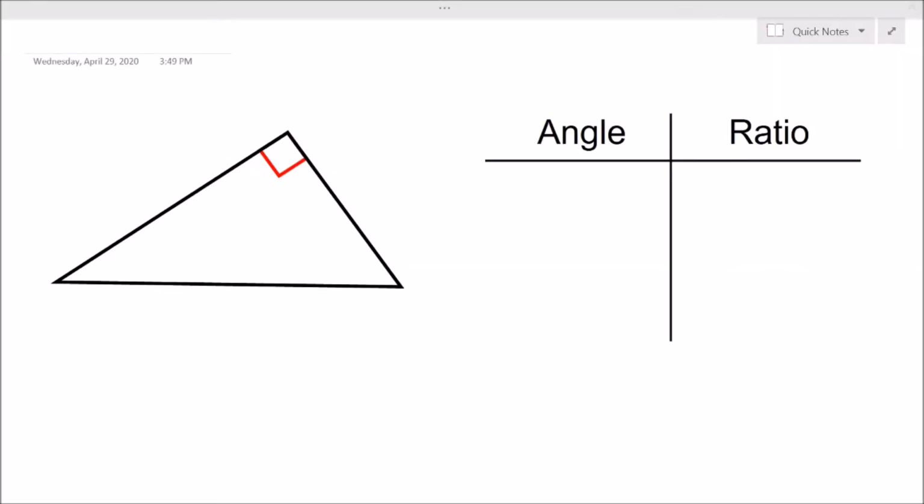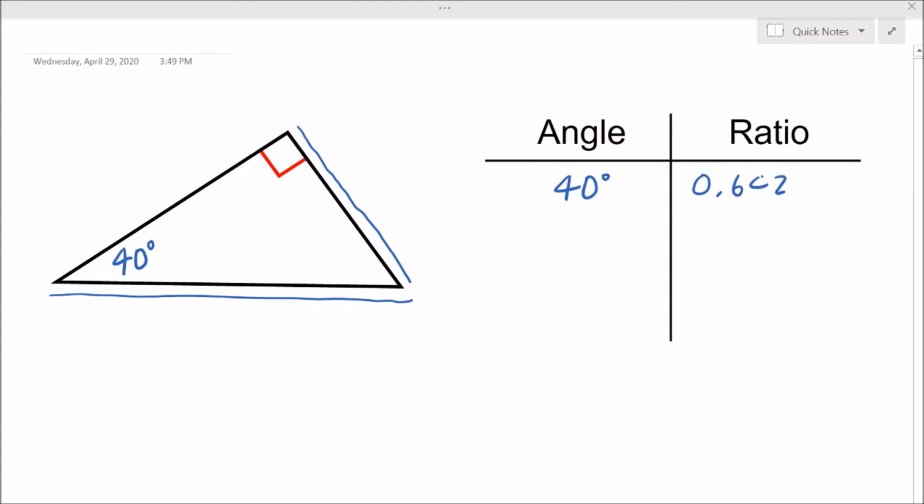And so what people did was they started to make records, as in they started to tabulate what the ratio was for different angles. So for example, we had 40, right? And if that angle is 40, then they said the ratio between this side and that side is around 0.6428.